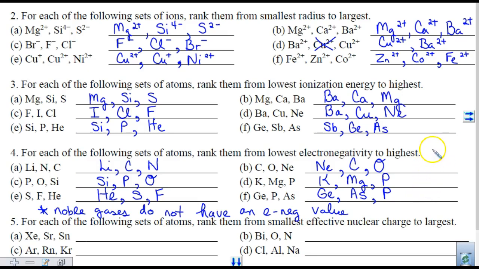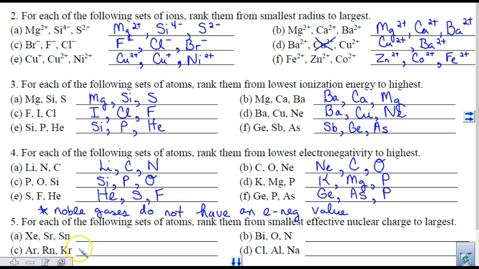Now, in our last set of questions, we are talking about effective nuclear charge, and so I've been referring to that as we go along. And recall that effective nuclear charge increases as you go across, and then it decreases as you go down. So question A, we're looking at xenon, strontium, and tin, and these are all elements that are located in period 5.